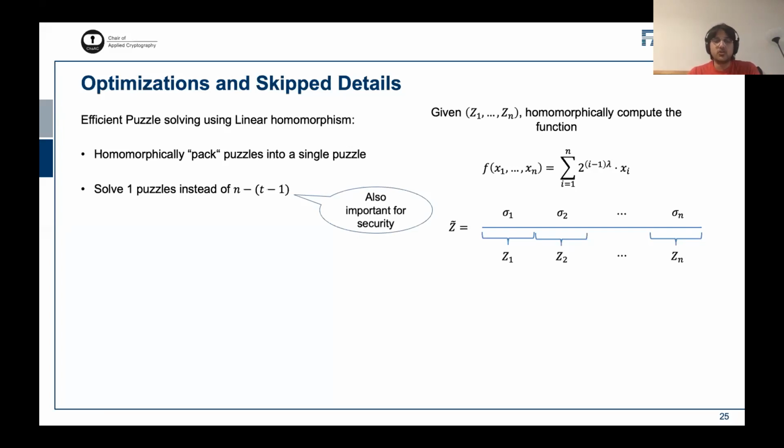The adversary could have several processors and could solve the n minus t plus 1 puzzles in parallel, so he would spend just the time required for solving a single puzzle, because he has so much parallel computational power. But an honest party may not have this. An honest party may just have a single core, which means he has to solve one puzzle, then the next one, and then the next one, sequentially, for n minus t plus 1 puzzles.